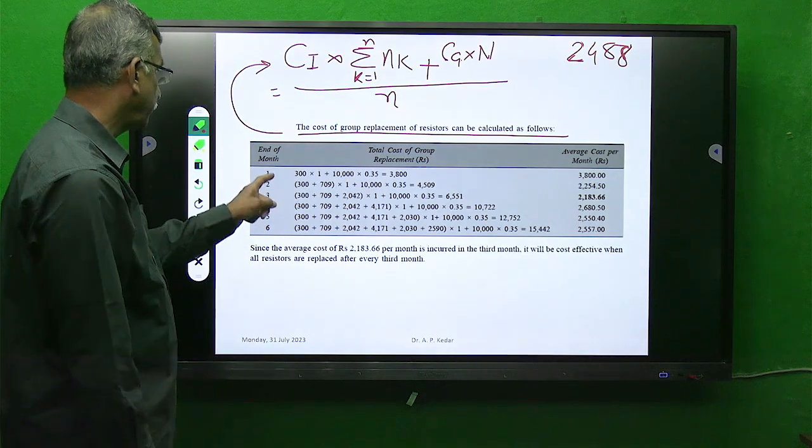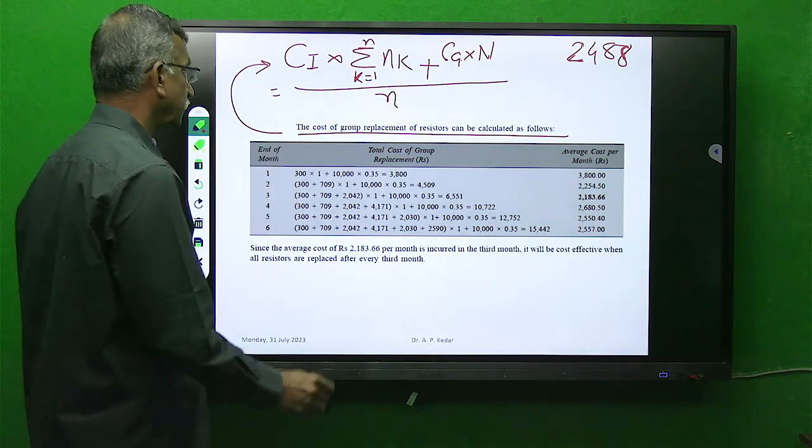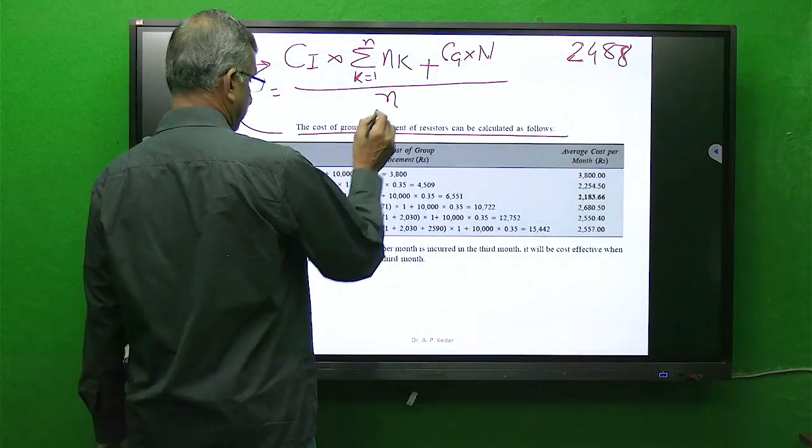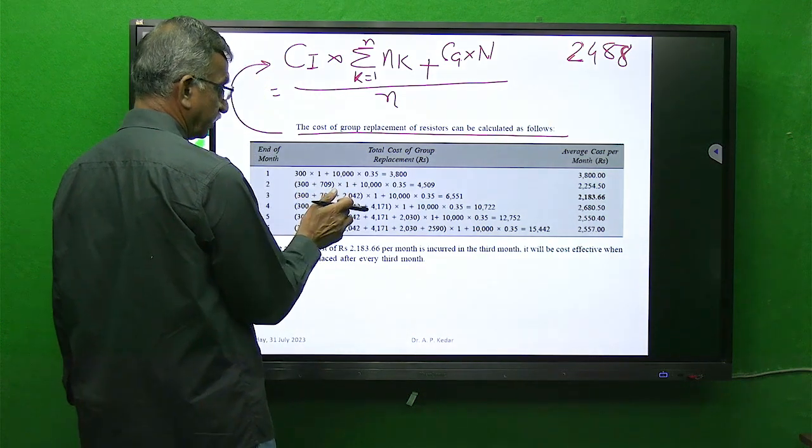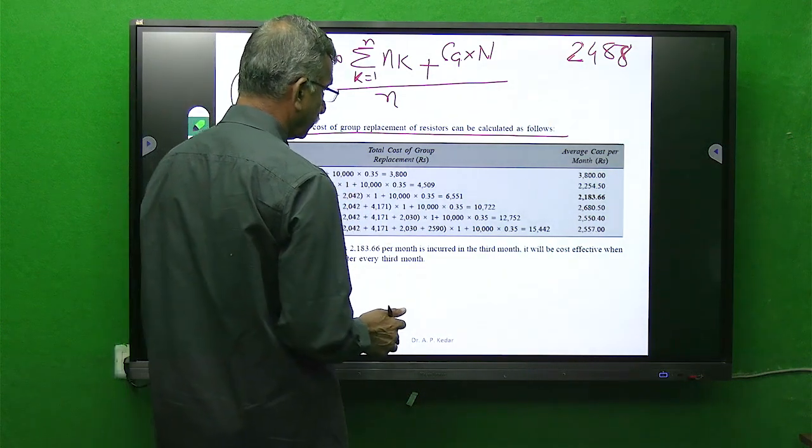So when it is the end of the first month, we will divide it by 1. For the second month we will divide by 2. For the third month we will divide by 3, like that.